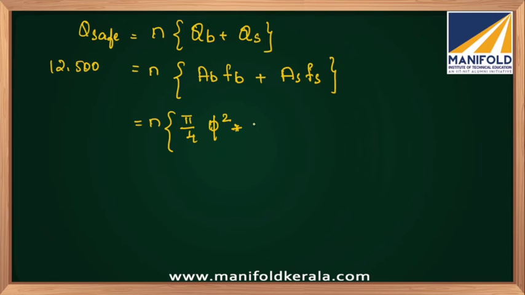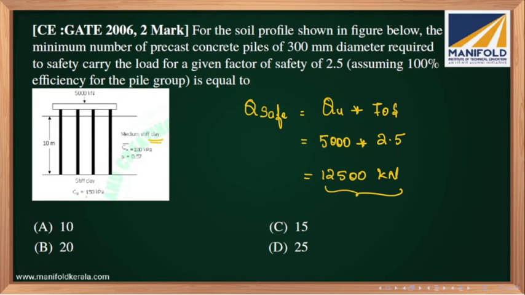FB would be C into NC, plus AS, the surface area, perimeter into length, whereas FS is adhesion factor into C average. The cohesive strength of the soil at the base was given as 150. The cohesive strength of the soil along the face of the pile is 100.